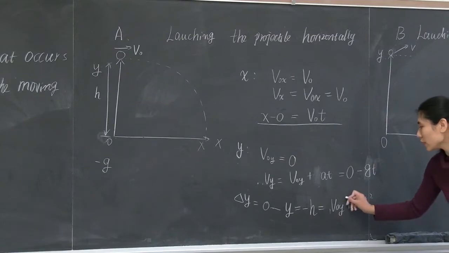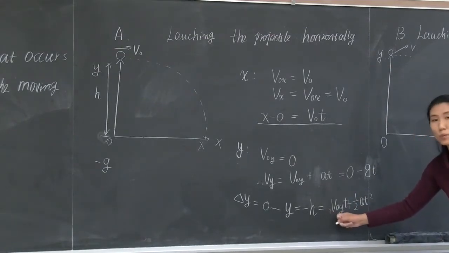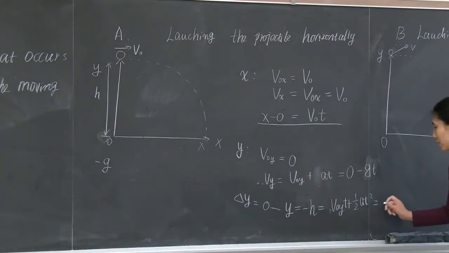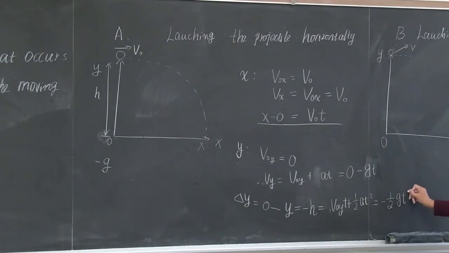Since v naught y is 0 and a is negative g, this gives us negative 1 over 2 times g times t squared.